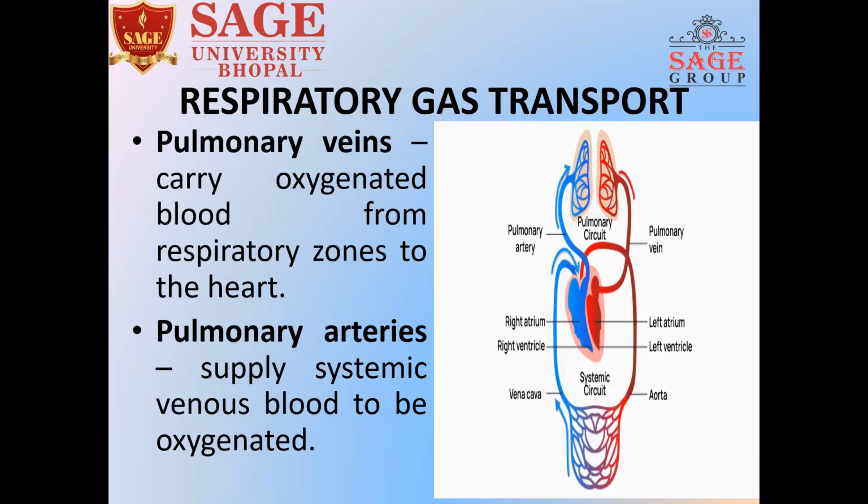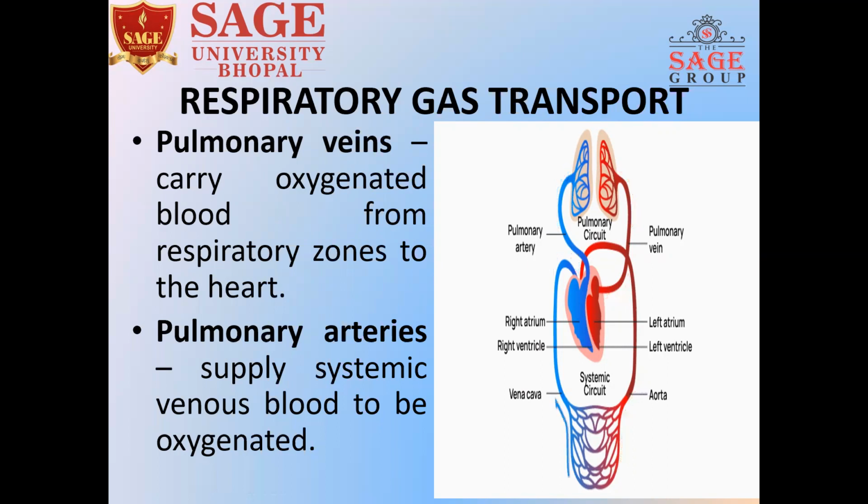Next phase is respiratory gas transport. So you can see that the oxygenated blood is transported via the pulmonary veins, which carry the oxygenated blood from the respiratory zone, that is, from the lungs to the heart, and from the tissues, the pulmonary arteries carry the systemic venous blood to be oxygenated.